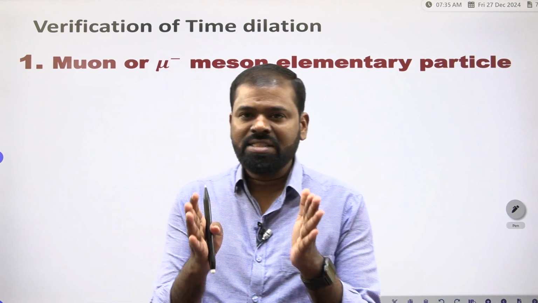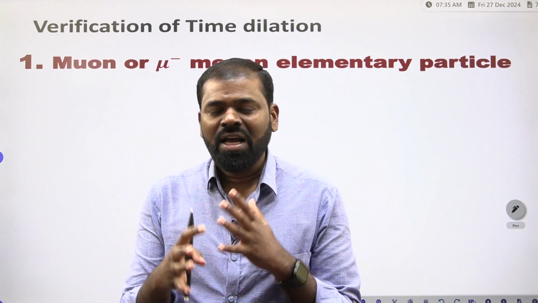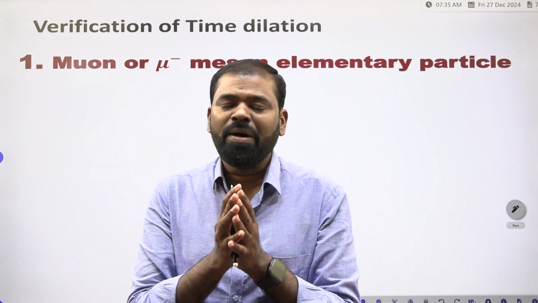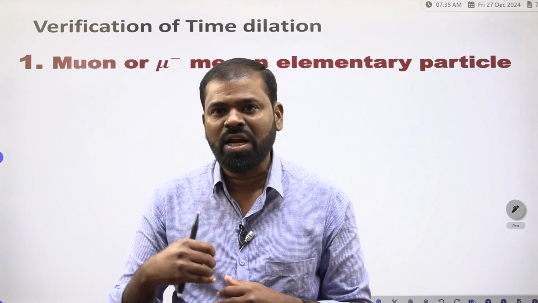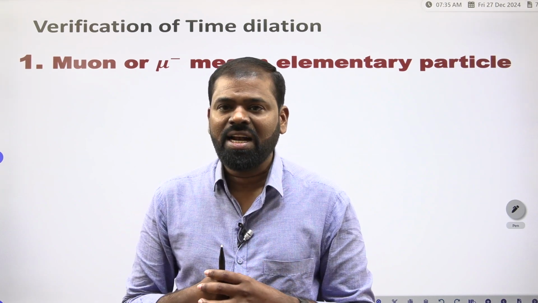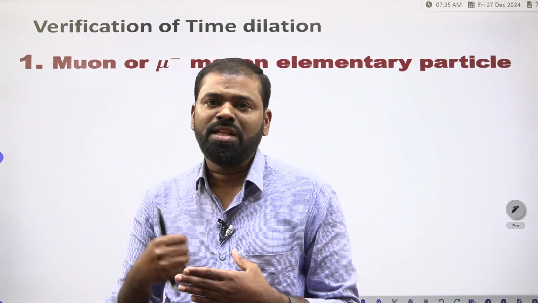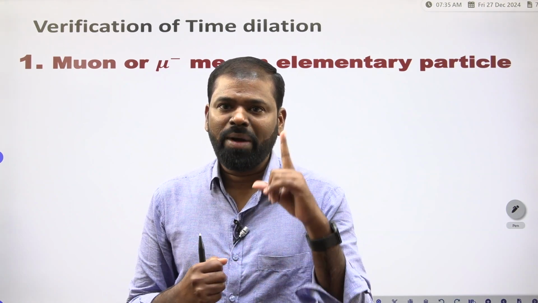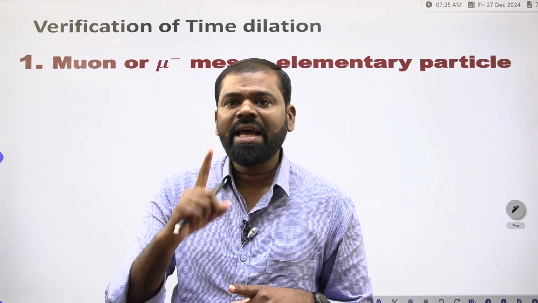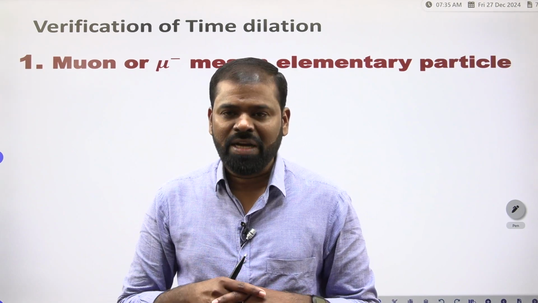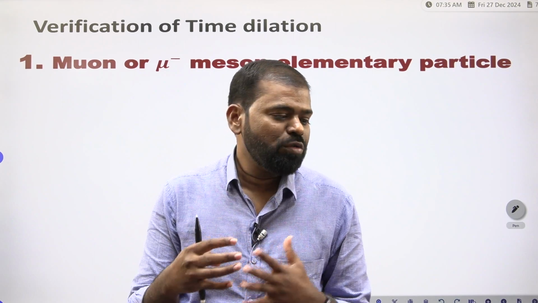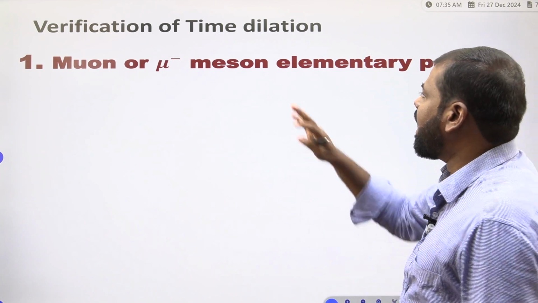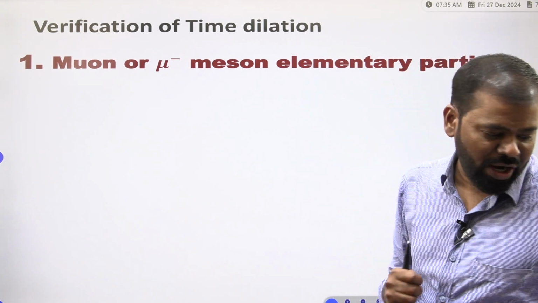In elementary particles, I gave one lecture in nuclear and particle physics, where I explained how many elementary particles there are, on our YouTube channel. Once you go and see that lecture, otherwise I will teach it when I start particle physics. Mu minus meson is an elementary particle. With this elementary particle, mu minus meson, we have to observe one observation, a verification of the time dilation phenomenon.